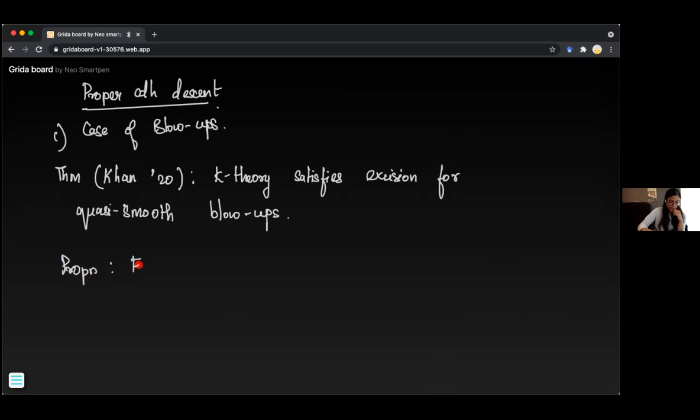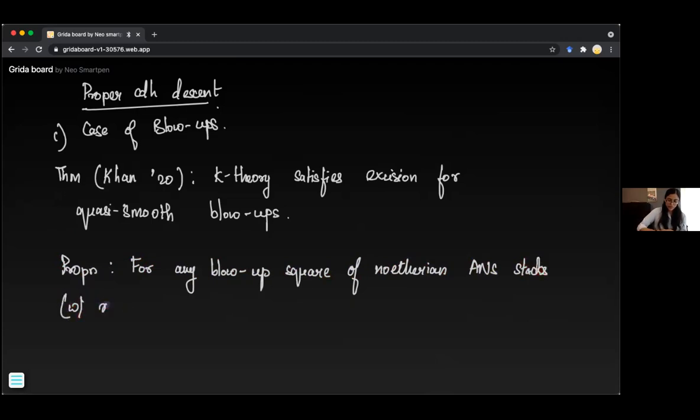So for any blow-up square of Noetherian algebraic stacks with resolution property along a closed embedding.